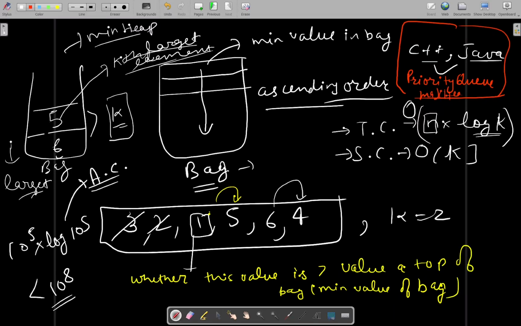Whichever you want to make this priority queue, it will act like this. Those of you who are new to this inbuilt data structure, in both of the languages, I will be providing the links. So this is how you will be solving the question.